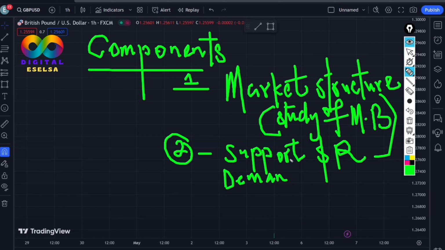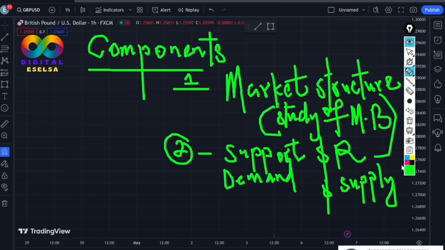I'm going to show you why it is very important. You must understand demand and supply. You must understand support and resistance. Some people even call it POI, point of interest, or area of value, AOV.